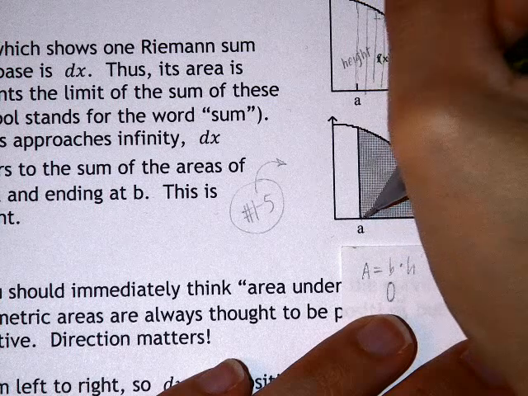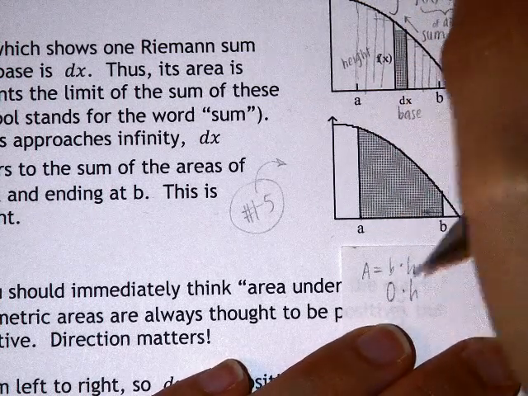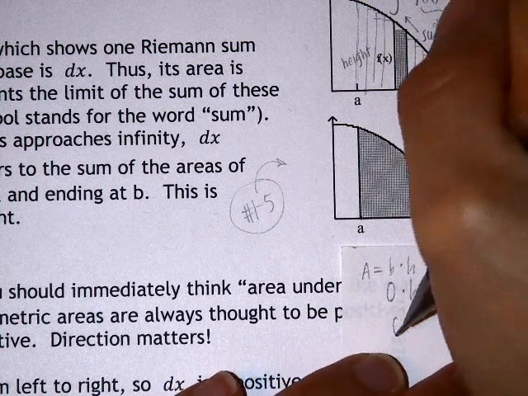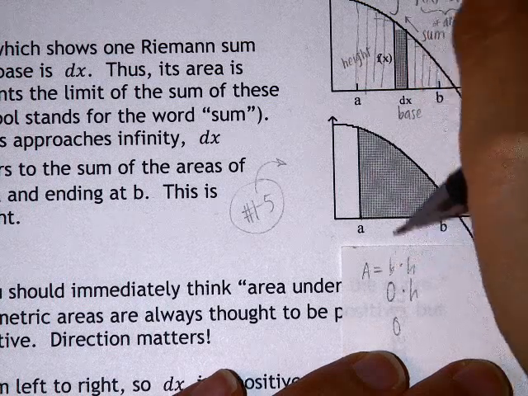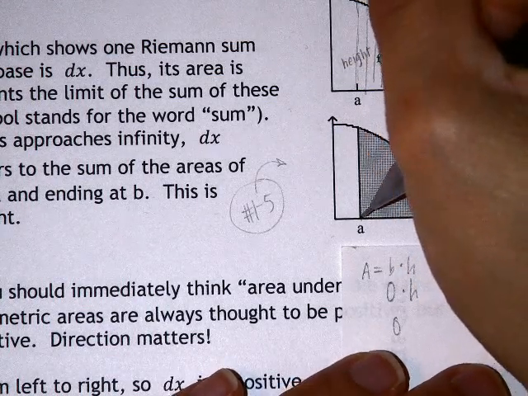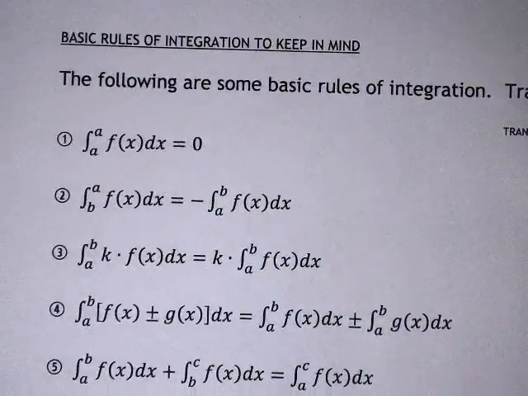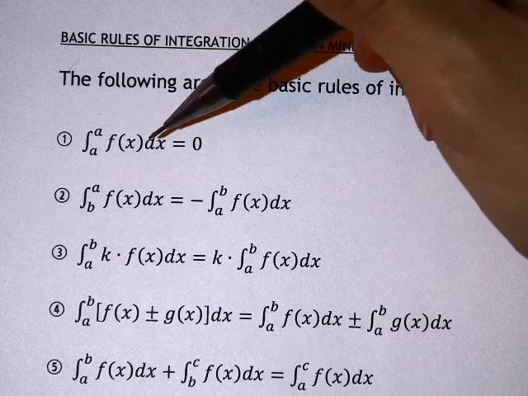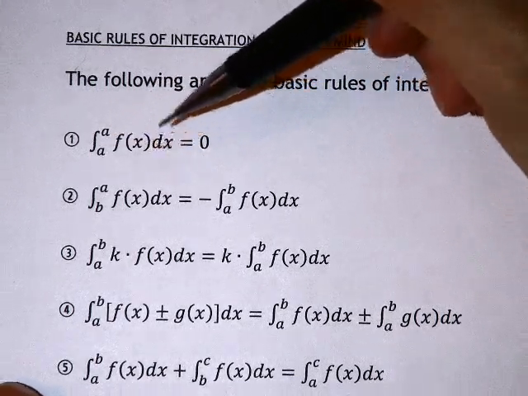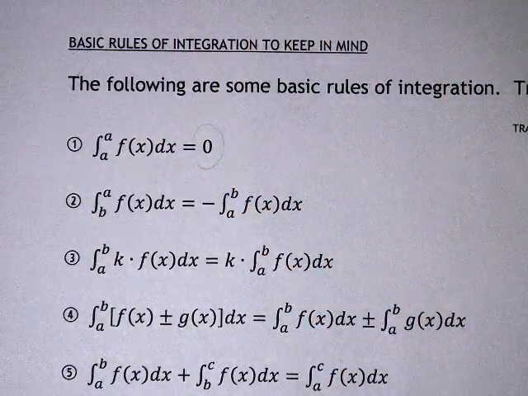There's literally no horizontal distance I can possibly go. The height is going to be whatever it's going to be, but I don't care, because 0 times that height is just going to be 0. So the area of a region that has literally no base, that doesn't go anywhere, is always going to be 0. That's what rule number 1 essentially says: the area from a to a has a base of 0, so the overall answer is always going to be 0.